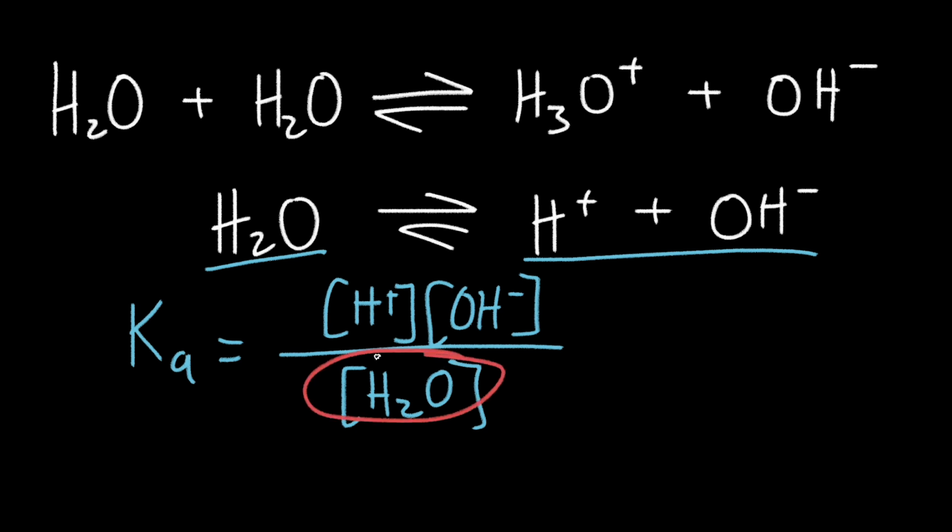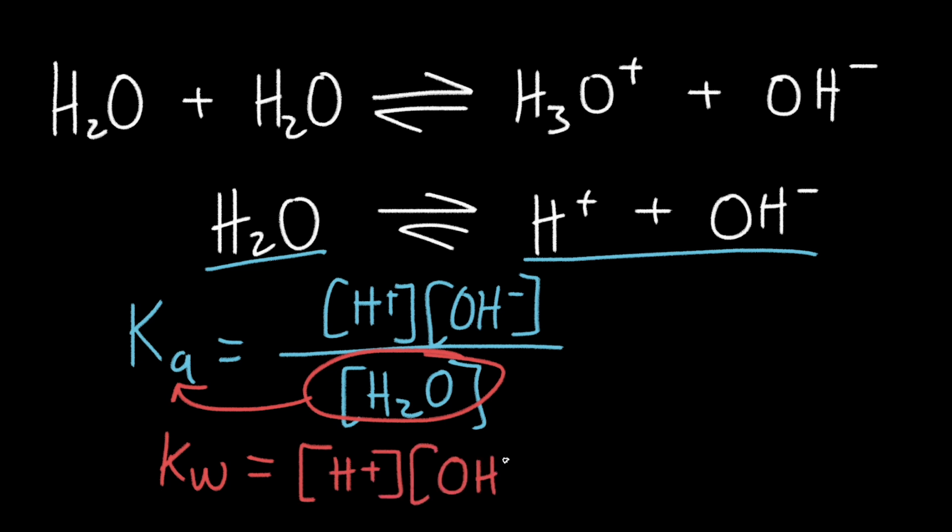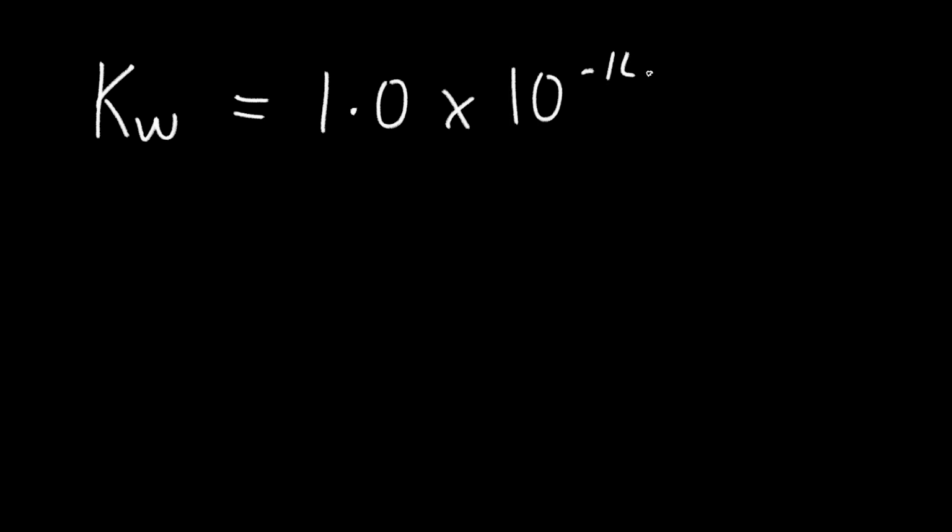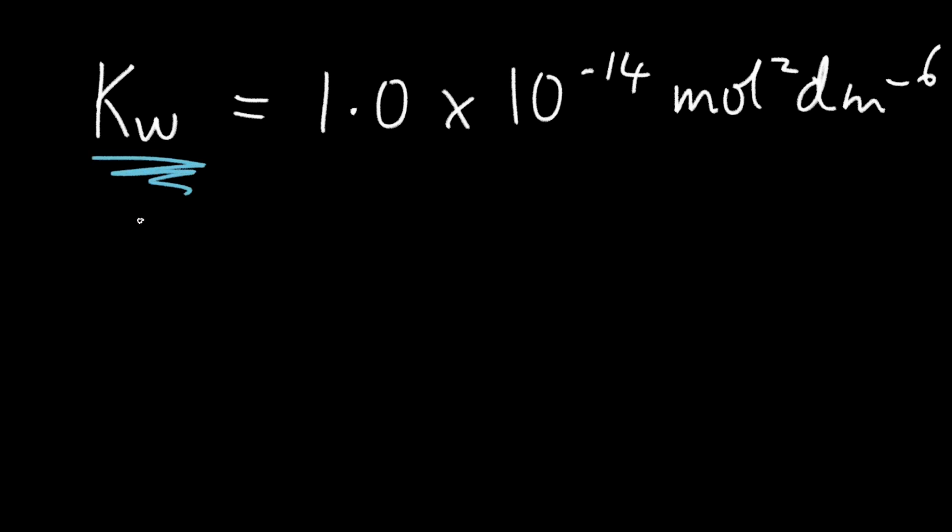This means the H2O term down here can just be absorbed into the Ka constant, giving the new Kw being equal to H+ concentration times OH-. For pure water at 25 degrees C, Kw is equal to 1 times 10 to the minus 14. Because this is an equilibrium constant, it remains constant at a certain temperature even if you change the concentrations of the ions.